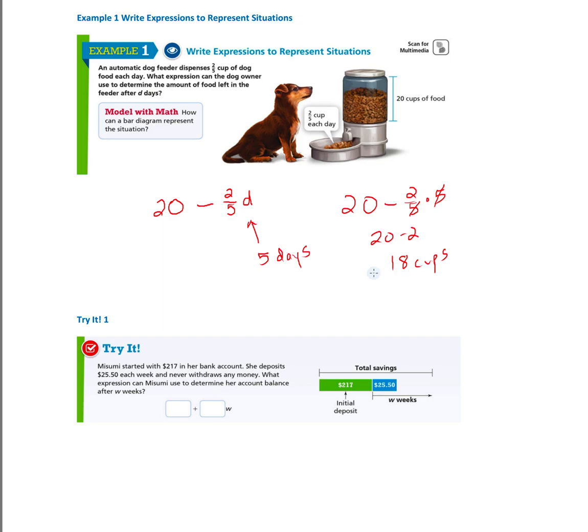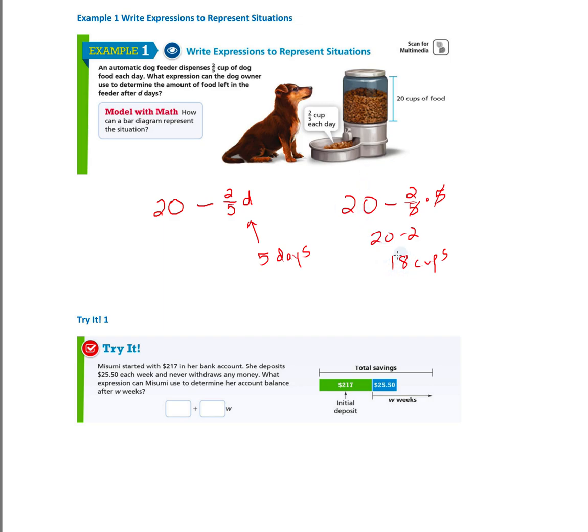And that's an add-on thing that I just put on there, but we can use this expression. If I keep putting in different numbers for the days, we can calculate how much is left. And we notice in 5 days, it used 2 cups of food. Since it's 2/5 every 5 days, it's going to use 2 more cups of food.